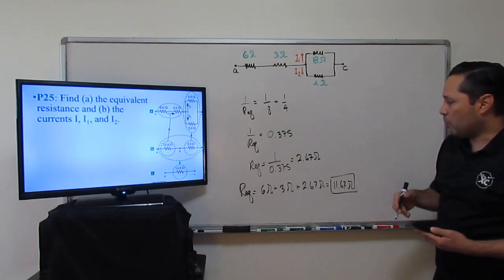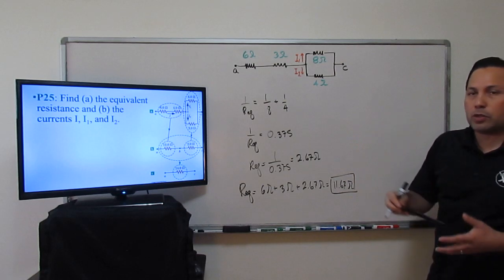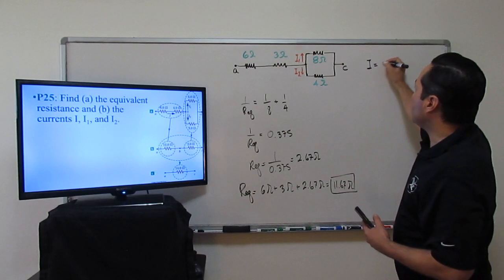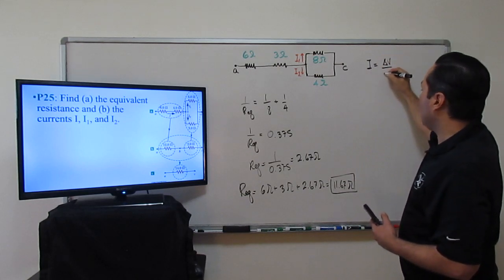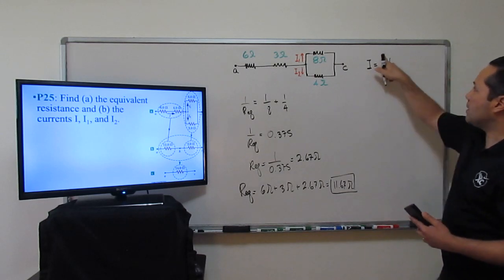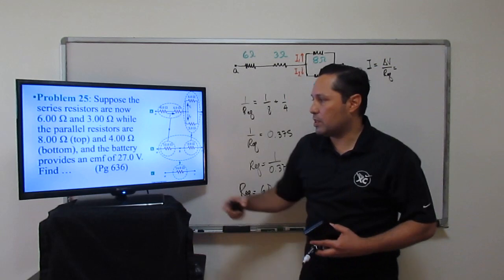Now in part B, we're going to solve for the current. So what is the current now? We have the following: I equals delta V over the equivalent resistance. We know that the voltage was given to us in the previous slide. It was 27 volts.